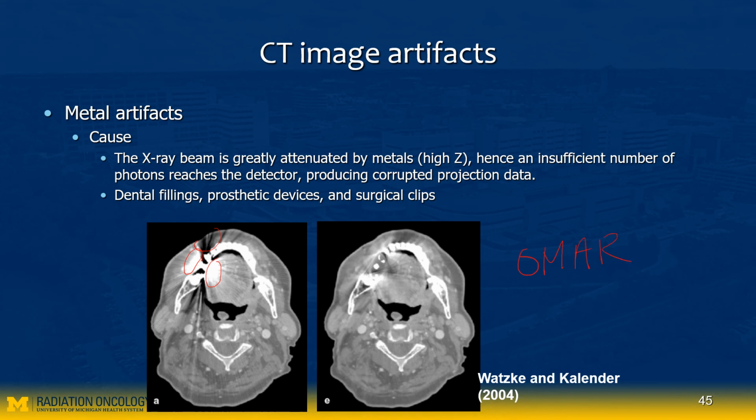It's a software approach, an algorithm. It's the orthopedic metal artifact reduction technique, not magnetic, sorry, that can take care of this metal streak artifact. The algorithm makes an artificial image that is closer to the real anatomy.